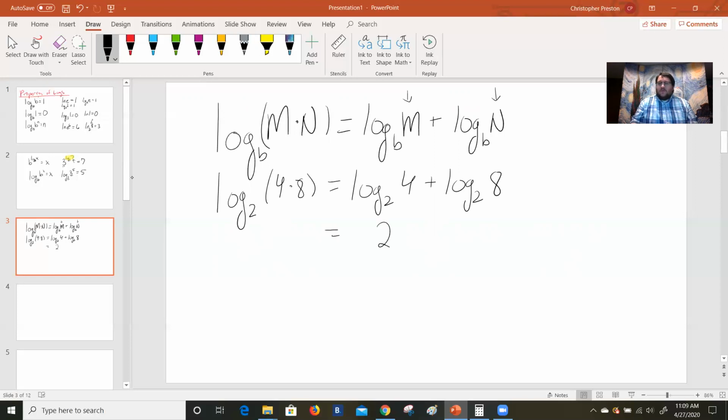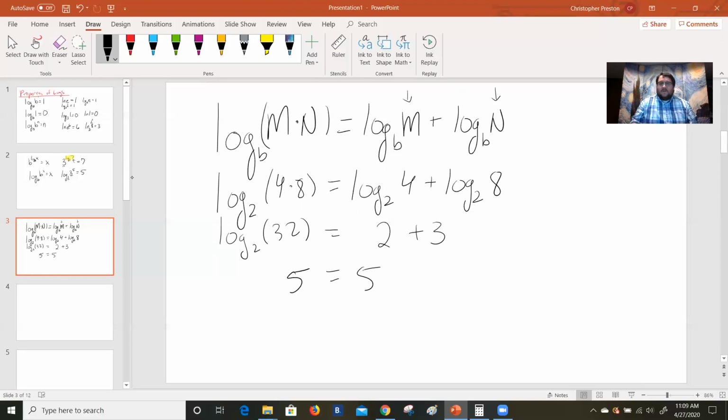Log 2 of 8 is what power of 2 would give you an answer of 8, and that would be the third power. That's 5. Well, 4 times 8 is 32. What power of 2 would give you 32? 2 times 2 is 4, 4 times 2 is 8, 8 times 2 is 16, 16 times 2 is 32, that's 5.